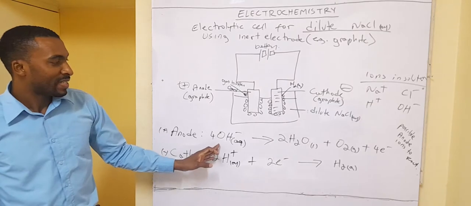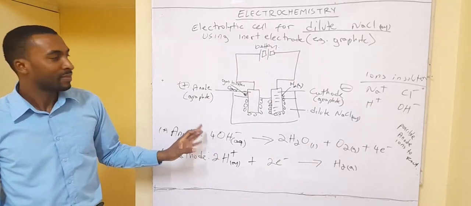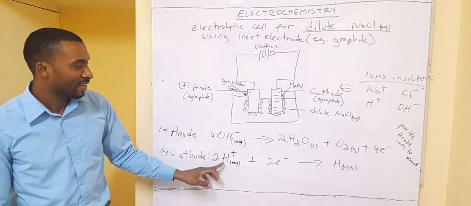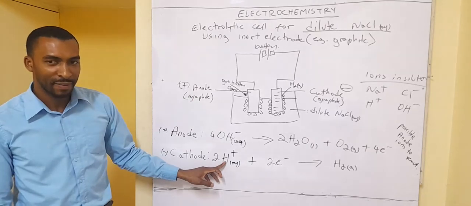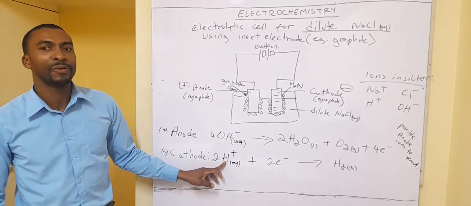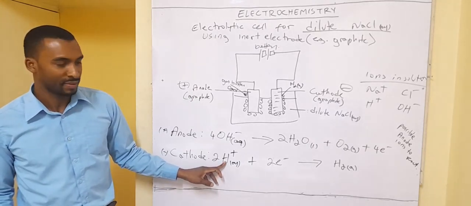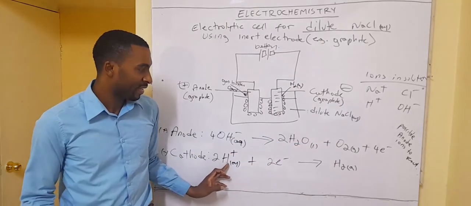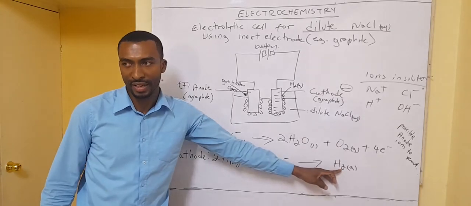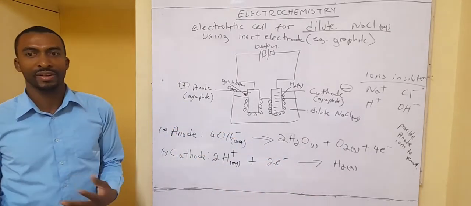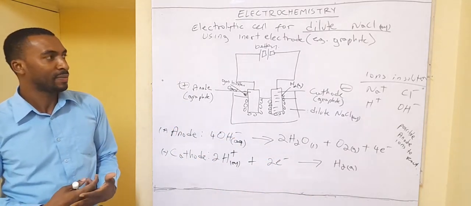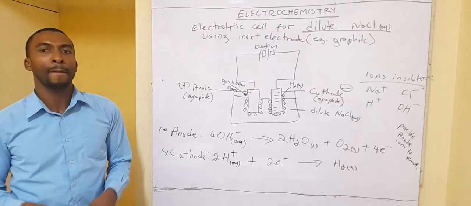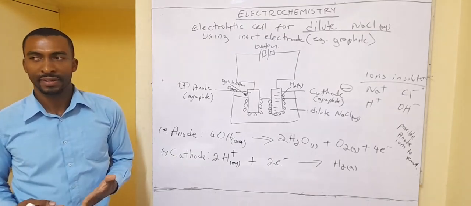Because the process is basically removing water. As you can see, the hydroxide and the hydrogen ion from the water, which is the solvent, are being removed as gas bubbles. The hydroxide is going to be removed as oxygen gas, the proton is going to be removed as hydrogen gas. So the solution is going to become more concentrated. So the sodium chloride solution is going to become more concentrated. Clear?